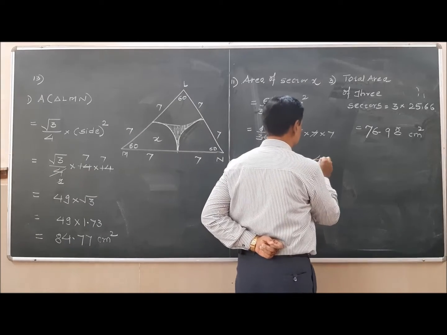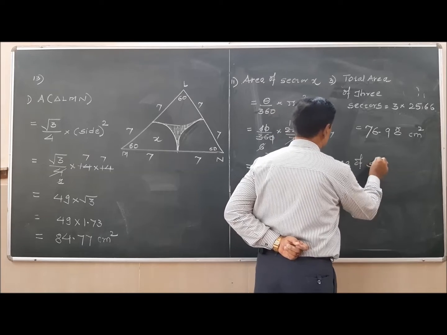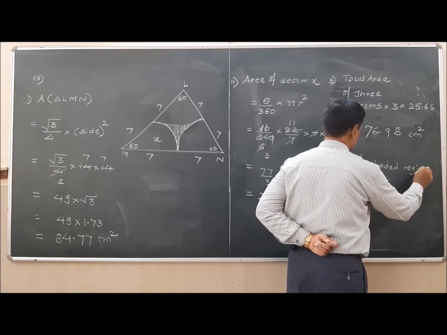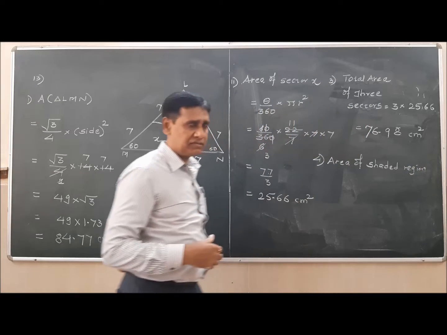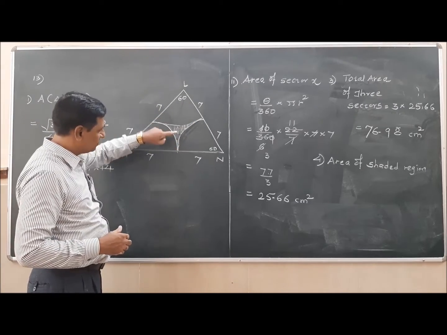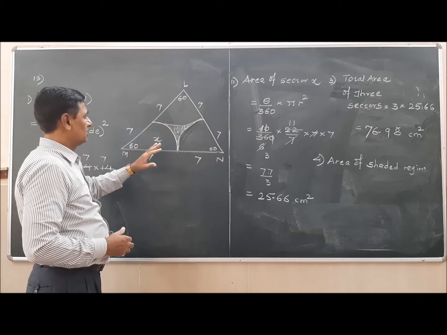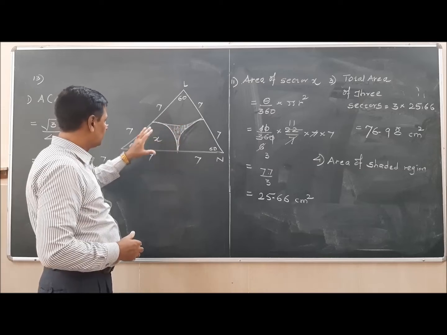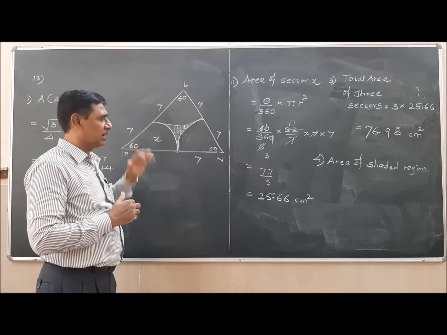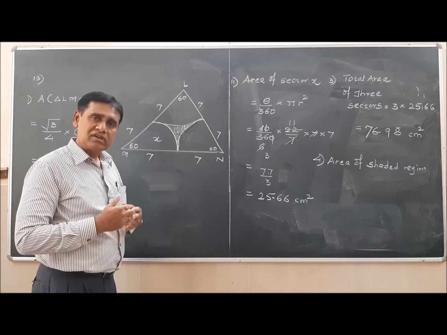Now dear students, you will notice this is an equilateral triangle. The shaded region is this region here. So if I subtract the area of these three identical sectors from the area of the equilateral triangle, surely I'll get the remaining area, which is the area of the shaded region.